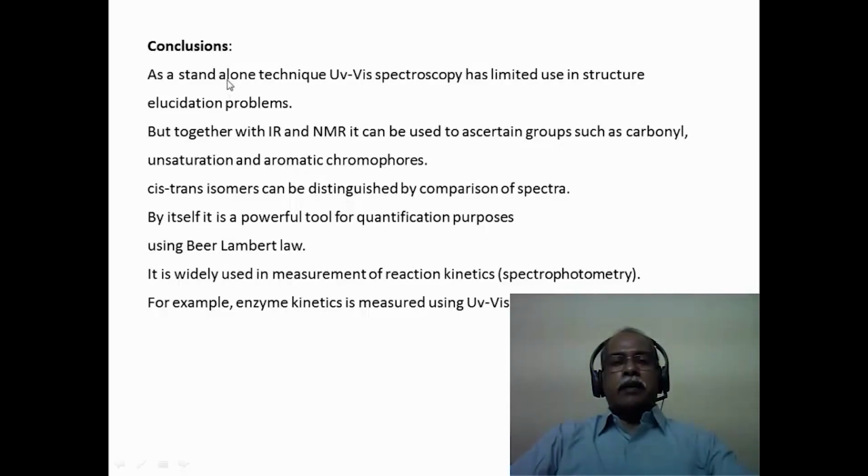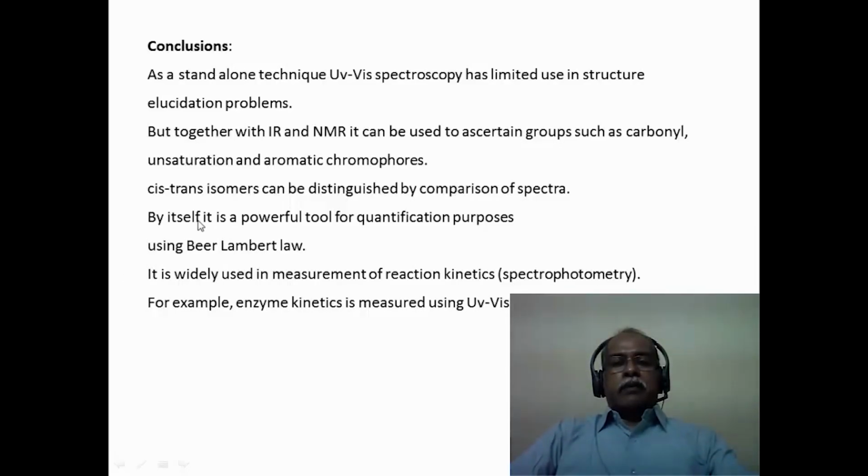This will be additional information that one can obtain from UV visible spectroscopy. We also saw examples of cis-trans isomers being distinguished by comparison of the spectra. Unless you have samples of both the cis isomer and the trans isomer, the comparison becomes difficult. If you have only one isomer, it is not possible to distinguish based on the spectroscopic data.